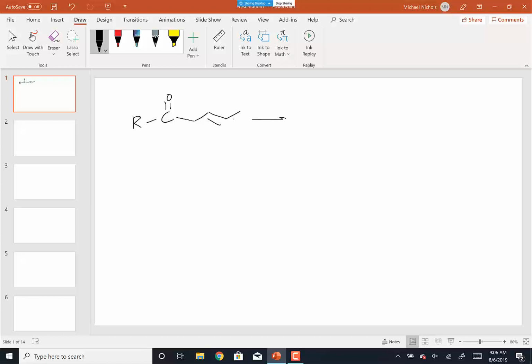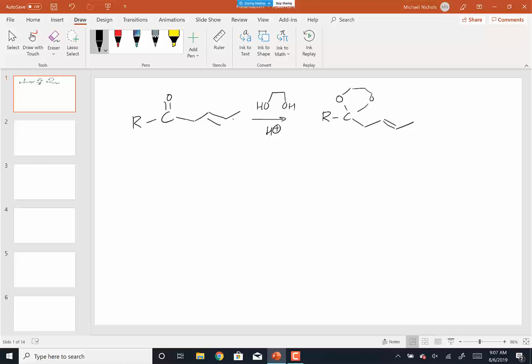The way we would protect it would be to take ethylene glycol and H plus and protect the carbonyl as the cyclic acetal, or in this case the cyclic ketal.